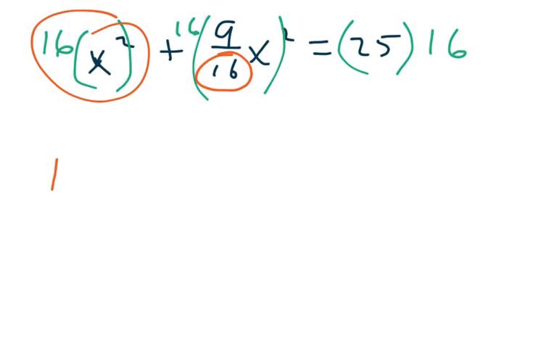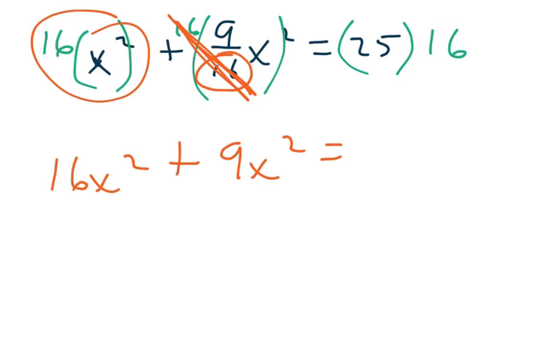Here I end up with 16x squared plus, here, notice 16 divided by 16 is 1. I'm just left with 9x squared. Oh, that looks so much nicer. Equal, now 25 times 16, if you need to use your calculator, do so, but that's 400. Again, use your calculator to do that, guys, if you need to.